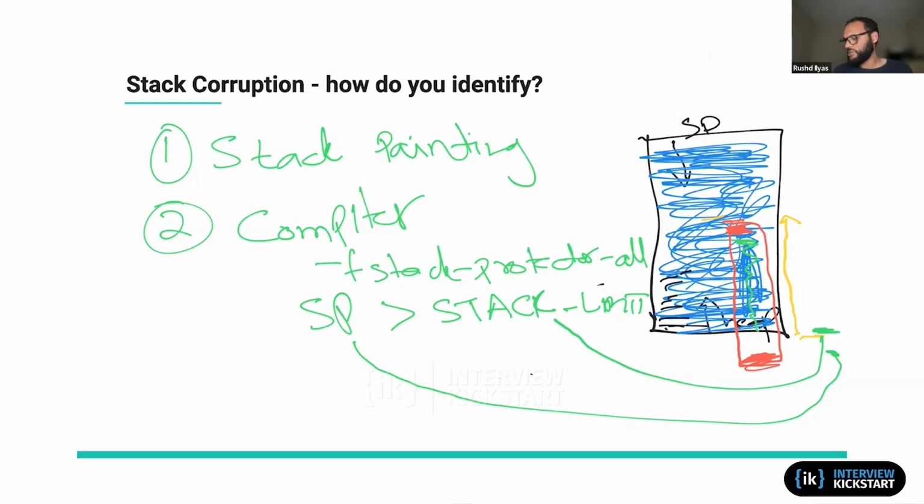Any question about this second approach? Like, how would you do the stack corruption detection, basically? And the third one is basically that you can use the one provided by all of the RTOS.